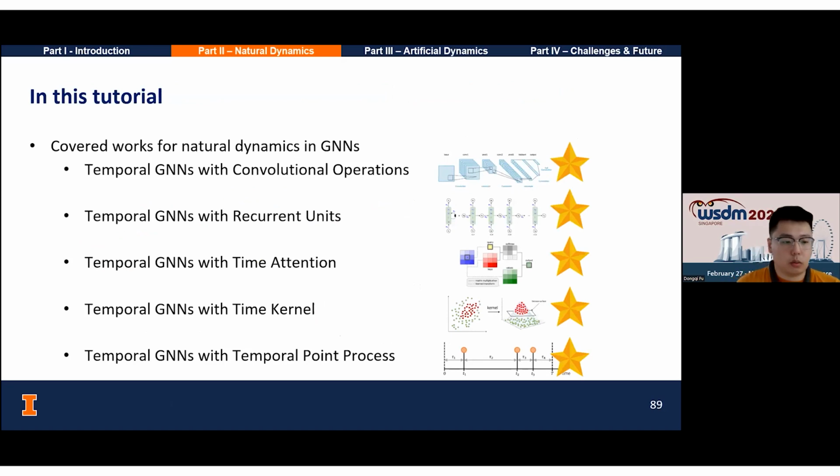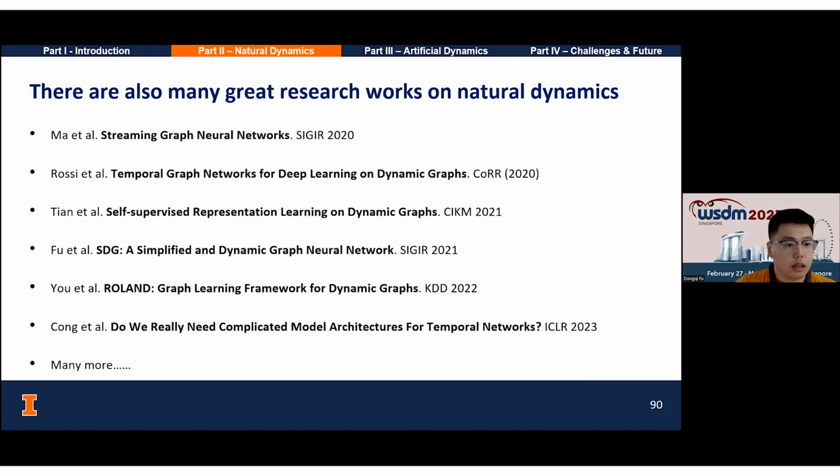So since we almost finished the last part of the temporal dynamics, we have almost finished the second part of the whole tutorial, the temporal dynamics in graph neural networks. Also, due to the time limitation, there are many great research works on temporal dynamics for graph neural networks.